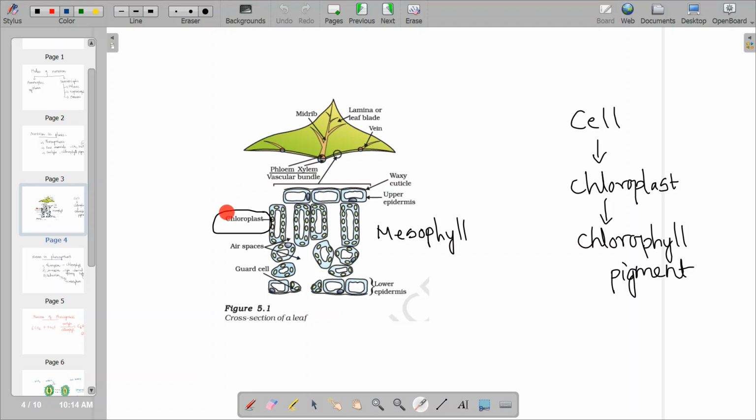The cross section of a leaf includes cuticle, upper epidermis, lower epidermis, mesophyll cells, chloroplast, air spaces, and guard cells. You can expect this diagram to label the parts, so make sure you learn the labelings of this diagram.